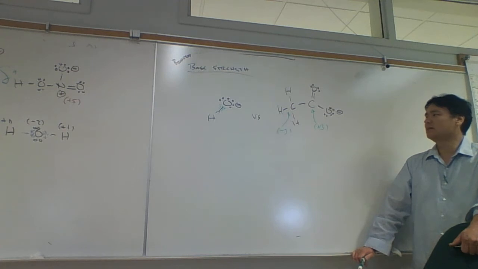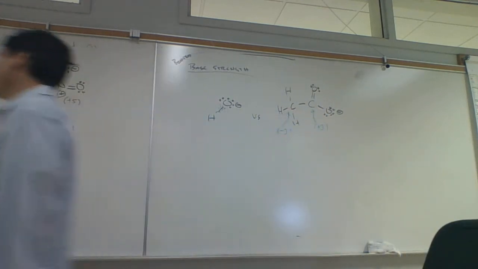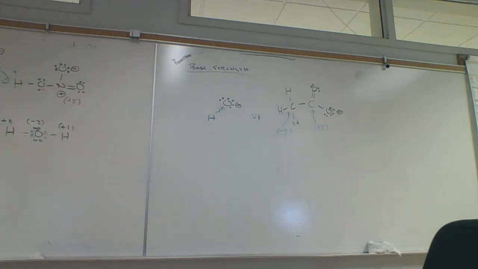But it turns out that acetate is significantly weaker because there's one more factor here when we're looking at charge delocalization. And this is even more significant. The inductive effect turns out to be smaller in terms of impact on base strength than resonance delocalization.